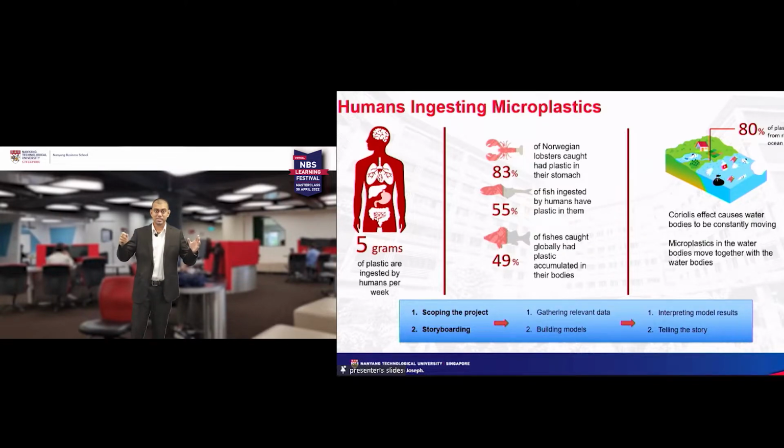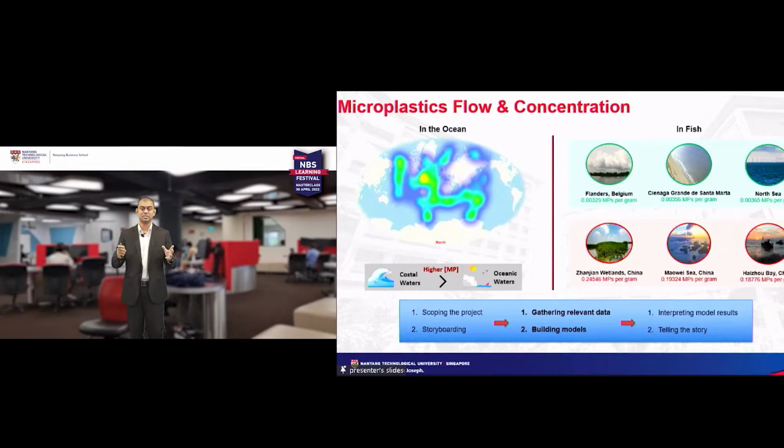And this is because our industry partners would only understand and take our findings to heart when we convey it persuasively and efficiently through the use of a story. So now we've scoped our project, we've come up with something of a storyline. The next thing we had to do was gather data and build models.